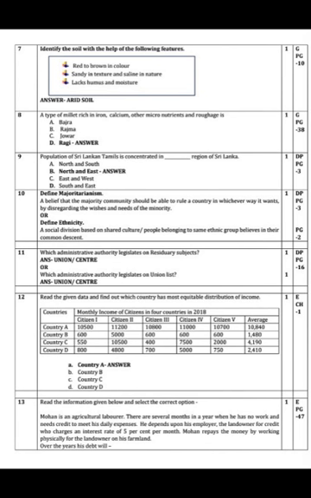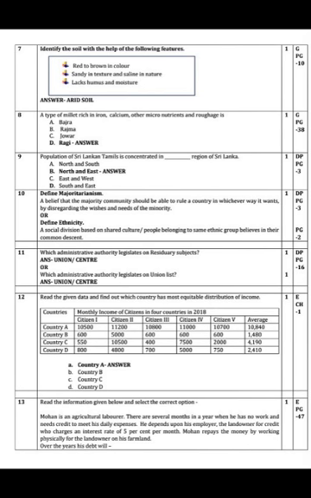Now question number 9. Population. These two questions were from geography. Question number 7 was from geography, chapter 1, resources and development, and question number 8 again from agriculture. Now question number 9, students, is from your political science chapter 1, power sharing.